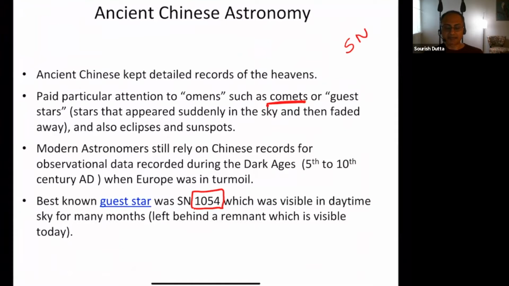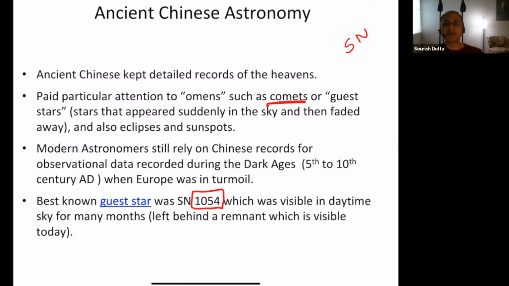At that time, the Chinese astronomers noted that there was a guest star in the sky. They saw this new object in the sky, which they say was so bright that it was visible during the daytime for a few months. The Chinese astronomers took detailed records of this supernova explosion, which happened in AD 1054.